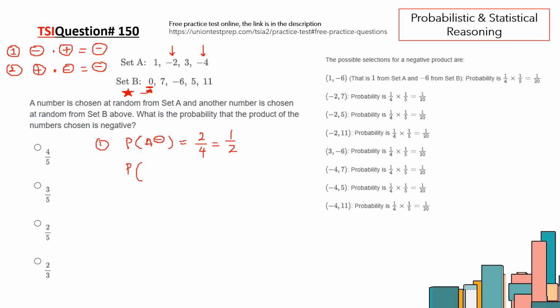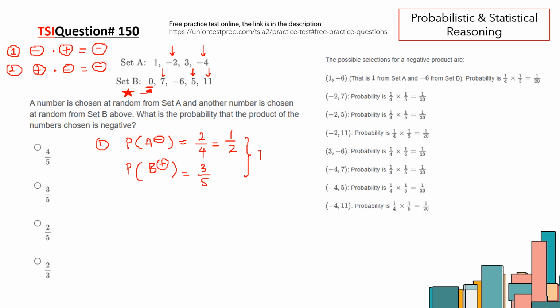The probability of choosing a positive number from set B, without 0, is 7 is 1, 5 is 2, 11 is 3. So it's 3 out of 5. These are two independent events. You choose one from set A, it doesn't affect choosing another number from set B. So we do the multiplication.